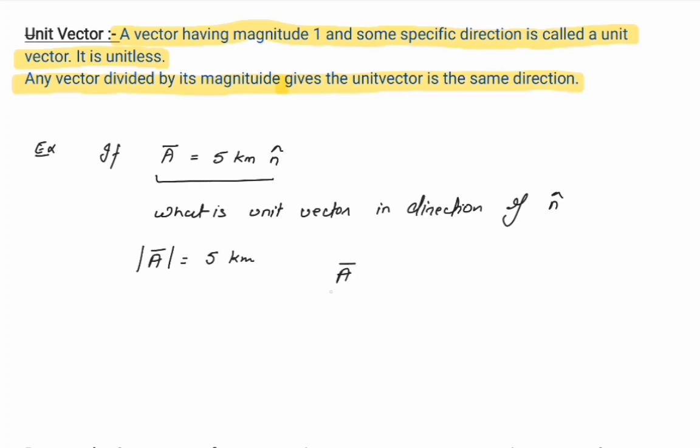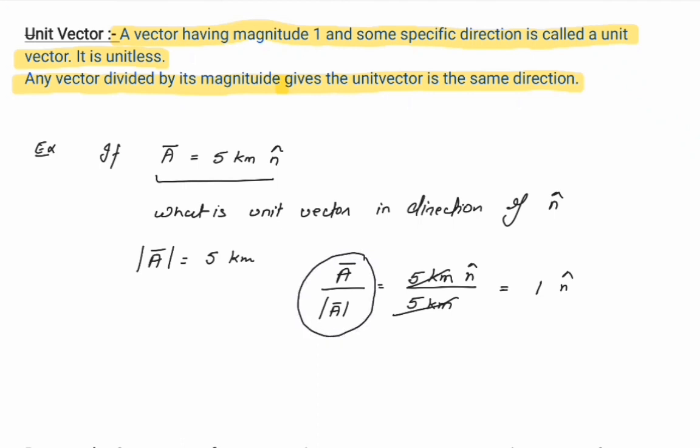The vector is divided by the magnitude of itself. It will give you the unit vector in that direction. One is the magnitude and this is the direction. Now this will be known as the unit vector in the direction of n.